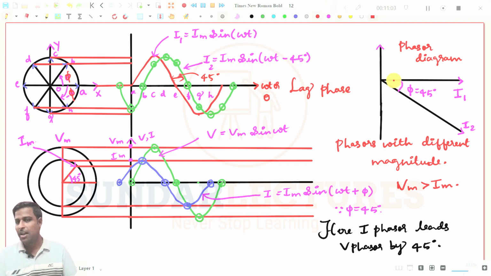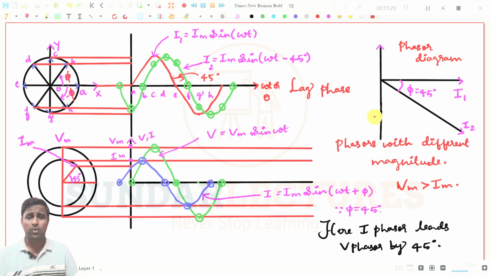Then what happens? If it is plus 45 degree, then this phase will lead I1, but this is lagging, so we are drawing like this. So this is nothing but 45 degree, and if you see a graph like this, you can directly say that the I2 phasor lags the reference phasor by 45 degree. That you have to represent like this.